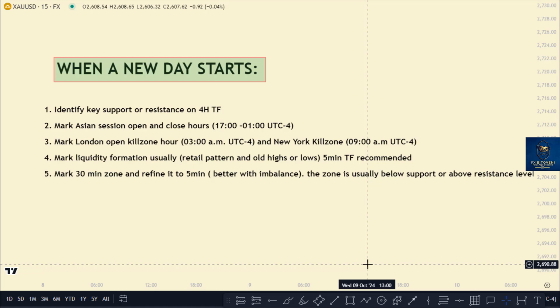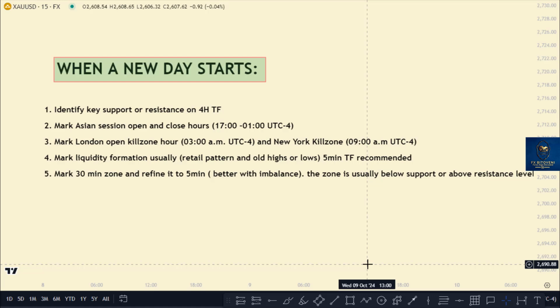So if you're planning to buy from 4-hour support, make sure you look for a 30-minute zone, that is a supply or demand zone. Or, if you remember, drop base drop or rally base rally, that's the concept you have to always remember. And if you refine it to 5-minute, you are likely to see imbalance there, and that is what you need.